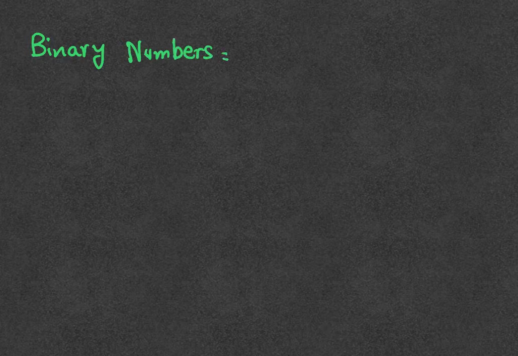Let's see how we compute 1's complement and 2's complement for a binary number. So for binary numbers, your base R is going to be 2.